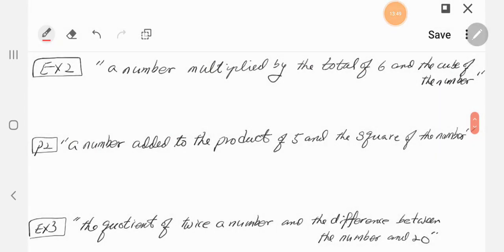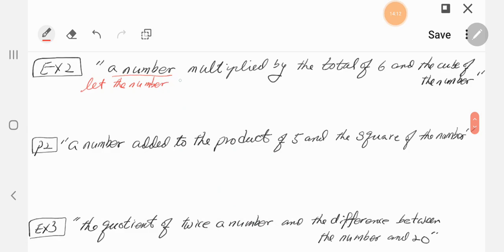Okay, example exercise 2. Let's translate this expression into a variable expression. Look at this. The expression is a number multiplied by something. A number. Always let the number be an x.